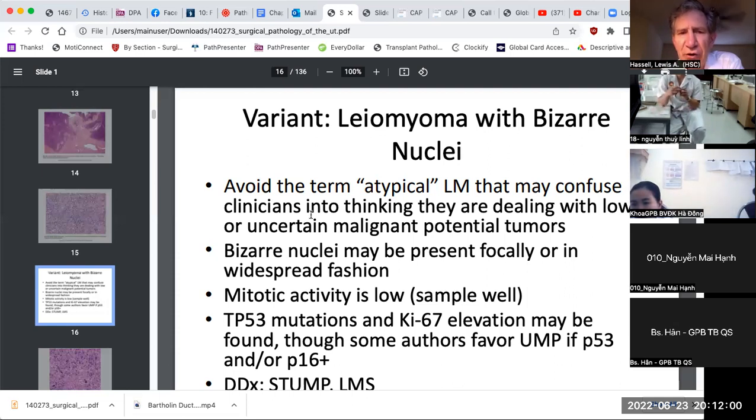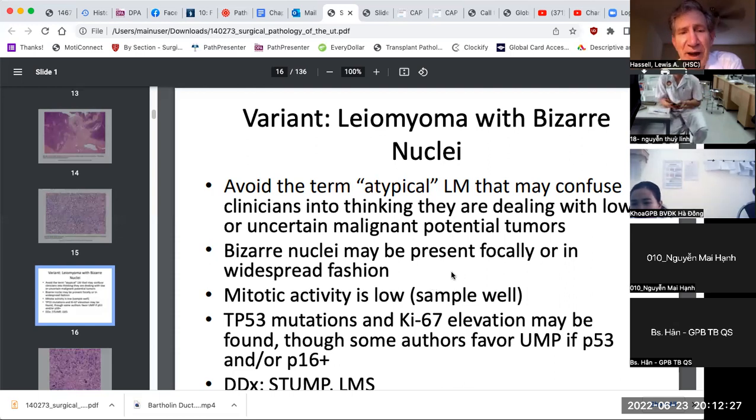And these tumors usually have bizarre nuclei in multiple foci, but sometimes they're only focal. There usually is low mitotic activity, but if you see the bizarre nuclei, it may be worth making additional samples to ensure that you don't have other problems.